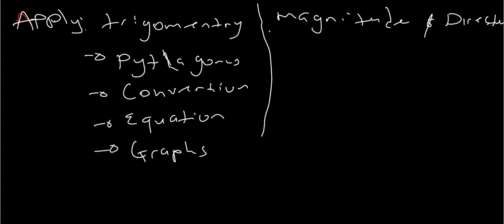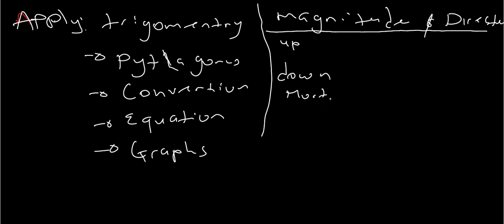So we're supposed to know, when we talk about direction, we talk about what? It's possible that we're going to use up and down. We're going to use north, let me just write compass.